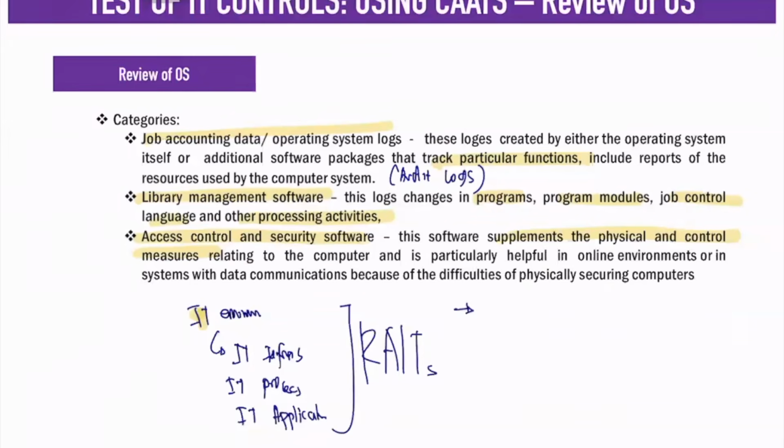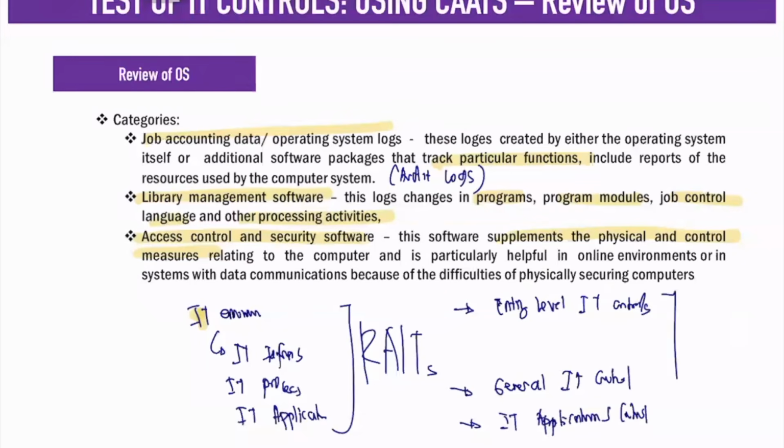For the IT environment, we have your entity level IT controls. For IT processes, we have your general IT controls. And for your IT applications, you have your IT application controls. And these controls are tested. So we test IT controls.